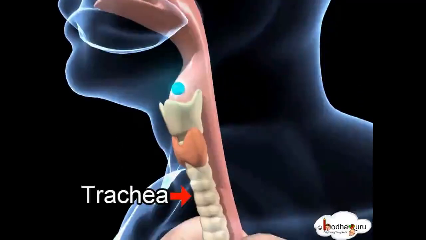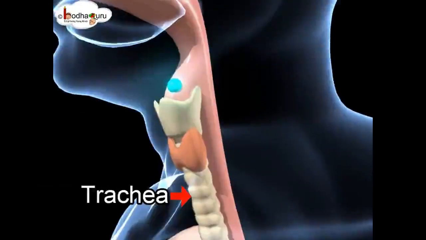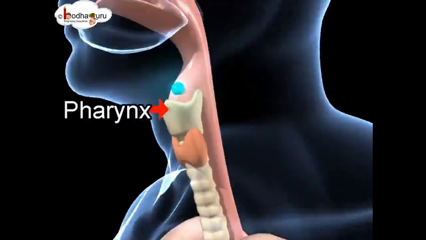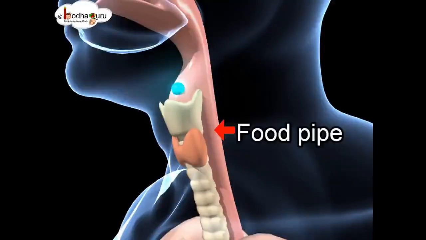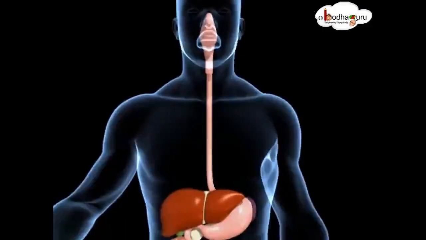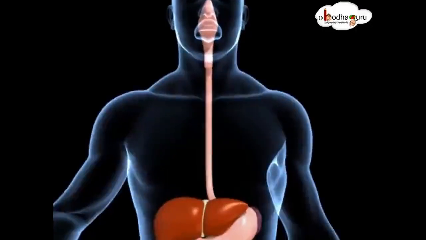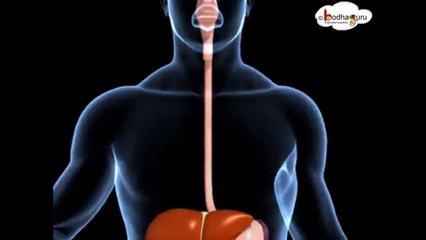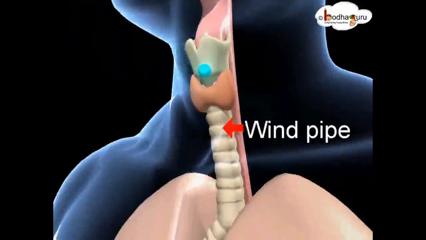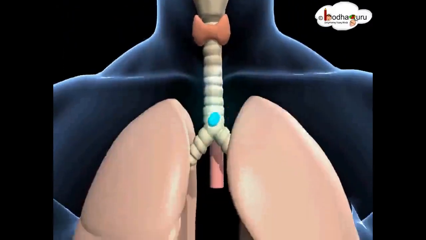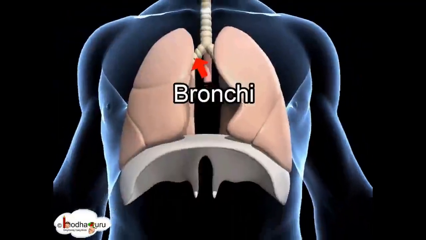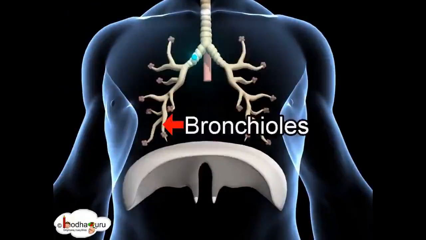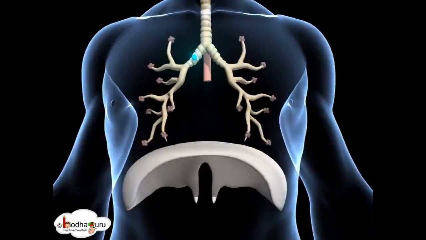Then the air enters trachea or windpipe through pharynx or throat. This pharynx has one more opening which leads to food pipe. Whenever air enters it, stomach send it back as burp. Now, air passes through the windpipe, then the two bronchi, which forms many narrower branches called bronchioles.